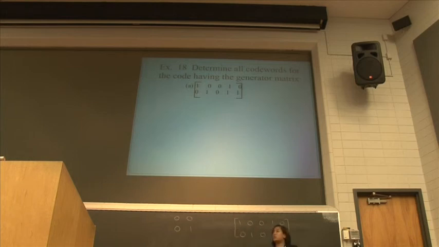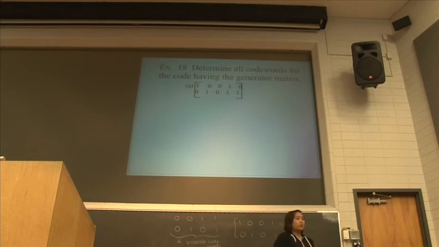Or you could have another string, if you flip-flop it, that's a 1 and a 0. Or you could have another string that is all ones. So these are 4 possible code words.